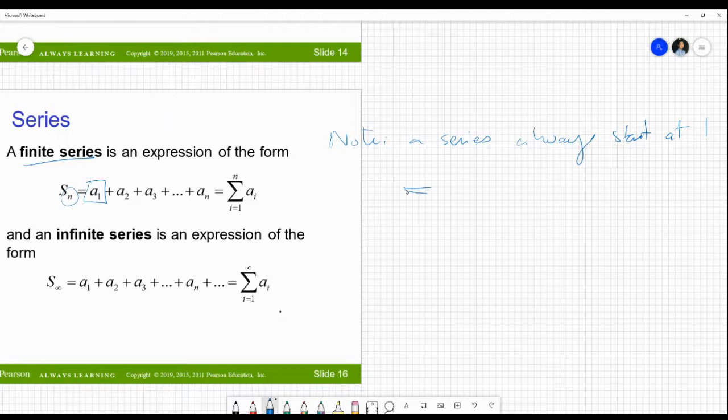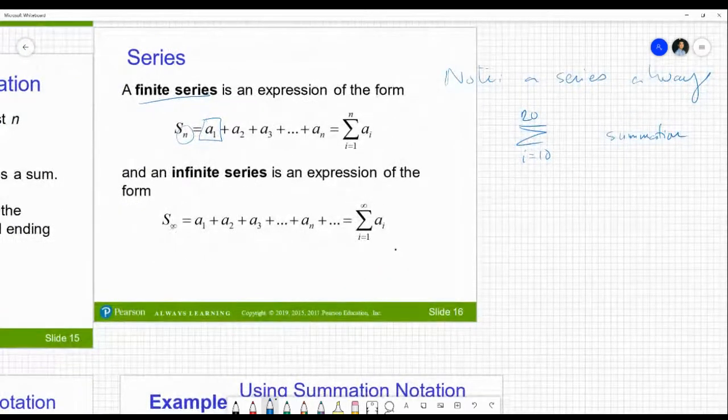If you have something like this where i starts at 10 and then it ends at 20, this is just called a summation, not a series. And an infinite series is denoted by S with a subscript of infinity, or sometimes we just drop that and we just call it S. Now this gives us some interesting aspects later on. I'm going to show you what it means by that.